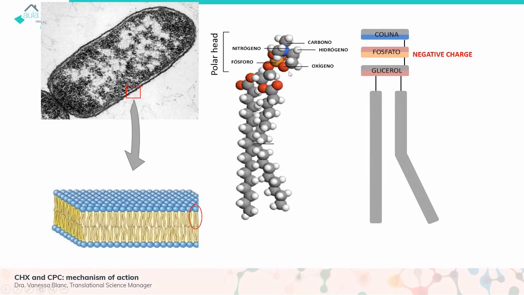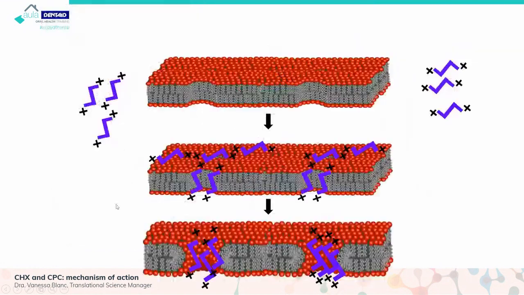These units have a phosphorus atom which, when combined, forming the head of the phospholipid, has a negative charge, making the entire surface completely negatively charged. So the positive charges of the chlorhexidine can interact with the negatively charged phosphates of the lipid bilayer.